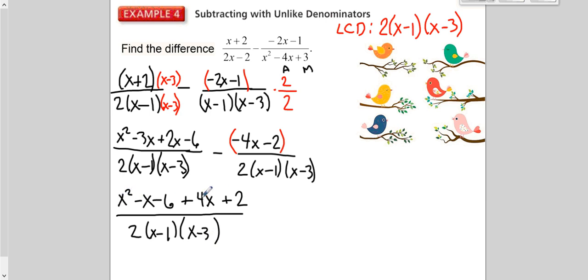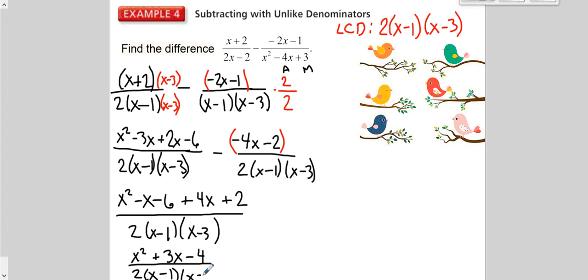Combine like terms. Denominator staying the same.